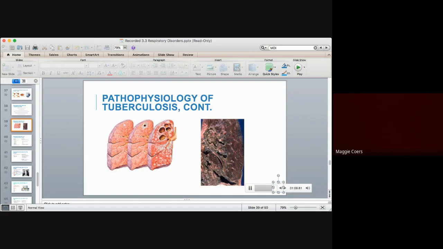When the TB reactivates, then it can spread to other parts of the lungs, and that's kind of what you see in the actual autopsy picture here. It can also get into the bloodstream and travel to other parts of the body. That's why you hear about tuberculosis being in hip joints or in other organs.